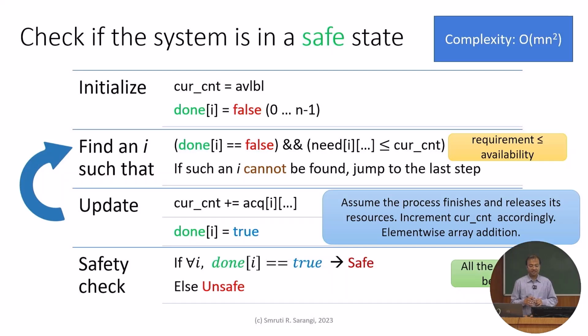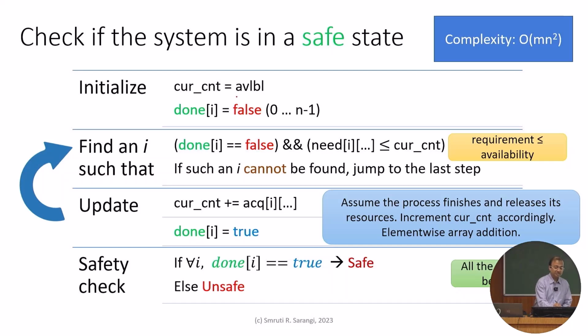So the first thing is, I want to check if the system is in a safe state. A safe state means that whoever wants whatever, can the allocations be made, or am I in a deadlock situation? We look at a bunch of algorithms, they are all more or less the same, right? So let us see.